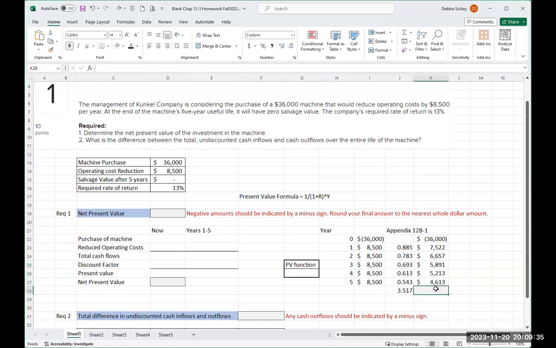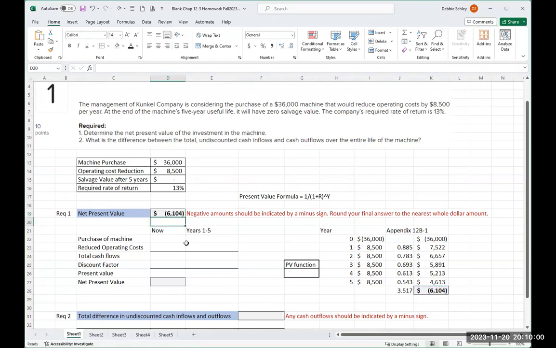And then if I do equals sum, because this is negative and those are all positive, Excel will do the calculation for me, and I will get a net present value of negative 6,104. Okay, so that's the long way to do it.